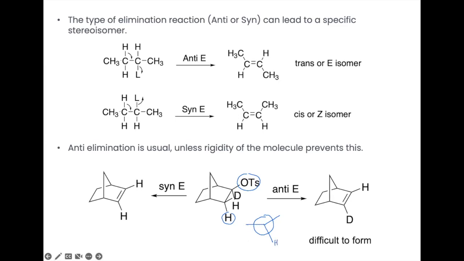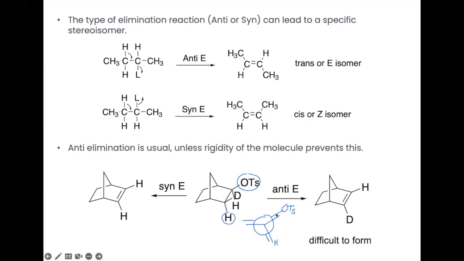So, hydrogen is here. Okay? But if we draw this portion, yung back carbon, the tosyl group is here.